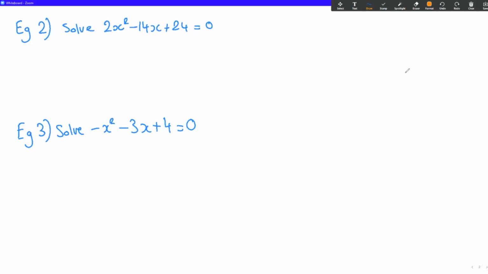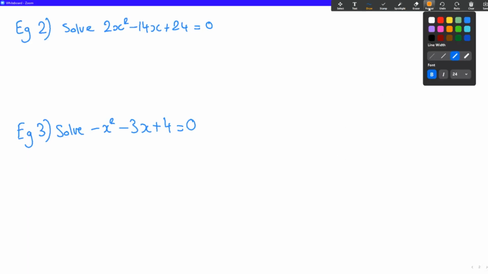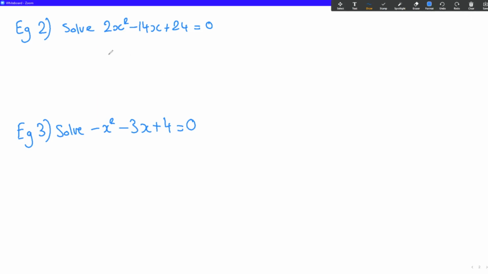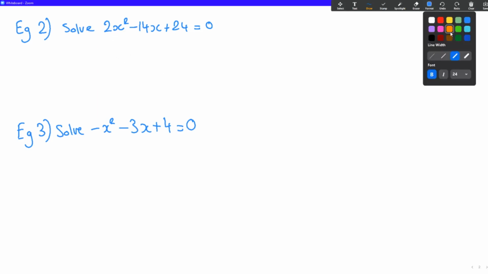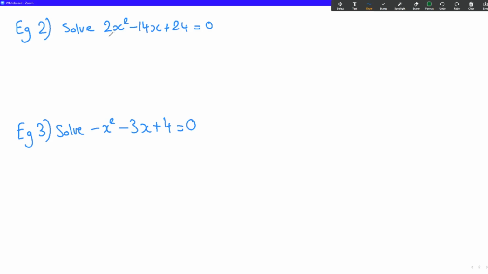Okay, let's do a few more examples. Now, you'll get quadratics like this quite often, where this coefficient here is not 1. Now, if you're doing higher, you'll probably know how to factorize it when this number here, the a bit, isn't 1.